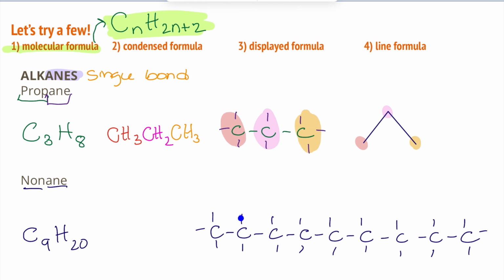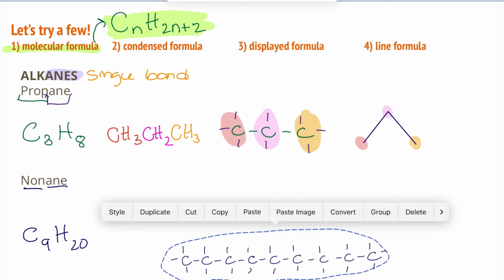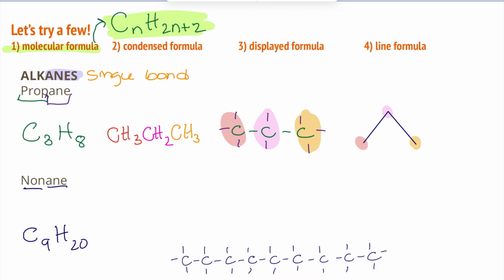And so there's 2, 3, 4. Now carbon is happy with that. So there's my nonane displayed structure. I could go ahead and count those lines to make sure that I have 20 hydrogens on there. For our line formula now, those line formulas are beneficial because I can just go 1, 2, 3, 4, 5, 6, 7, 8, 9.